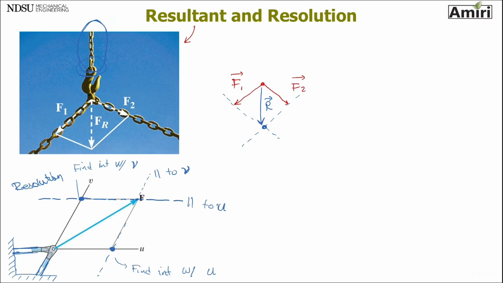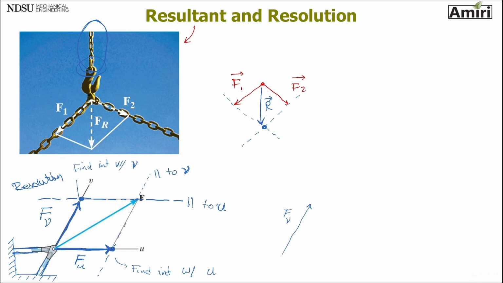And now from the tail of F, if you draw to that point, that is F sub U. The other one is F sub V.